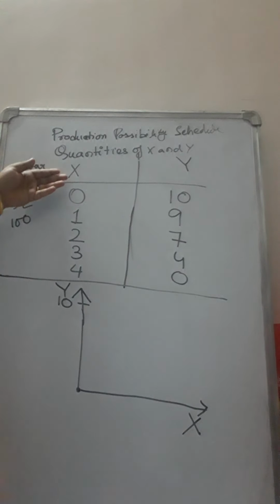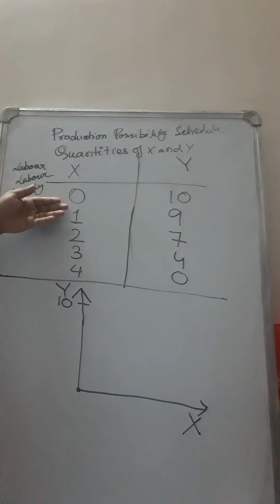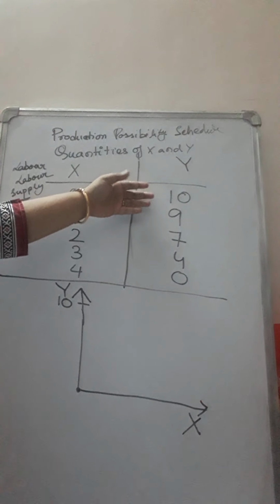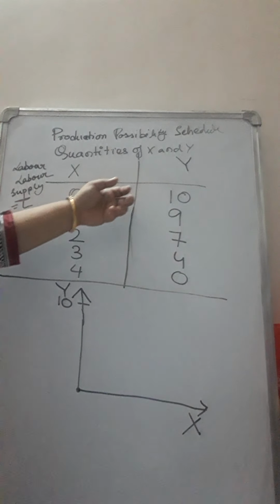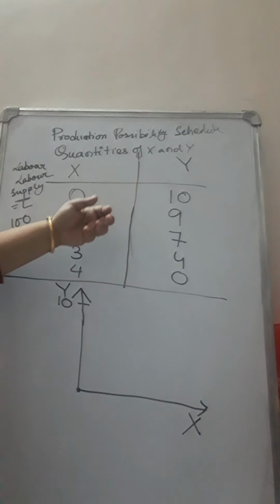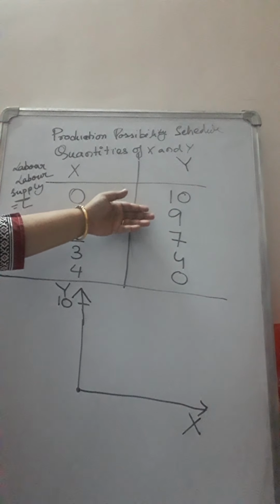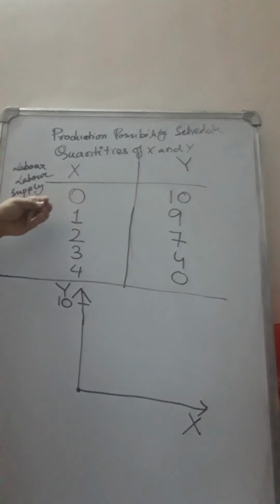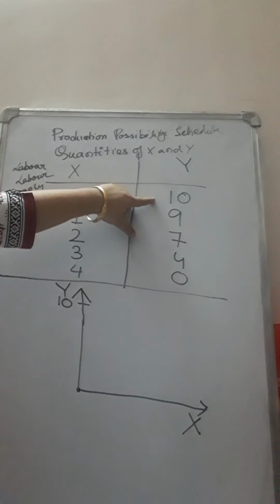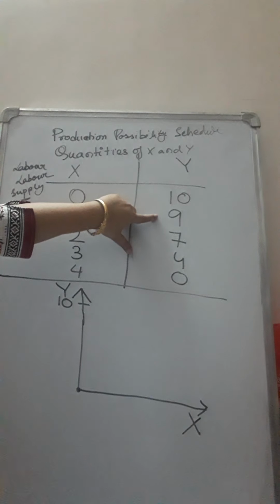So in order to increase the production of X by 1 unit, you need to cut down labor from the production of Y. Laborers who are engaged in Y production, some of them are shifted for production of X.